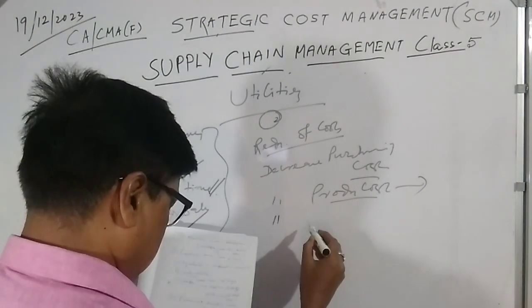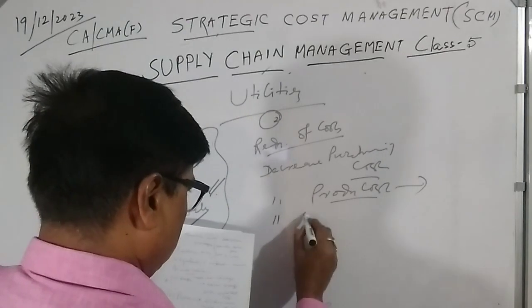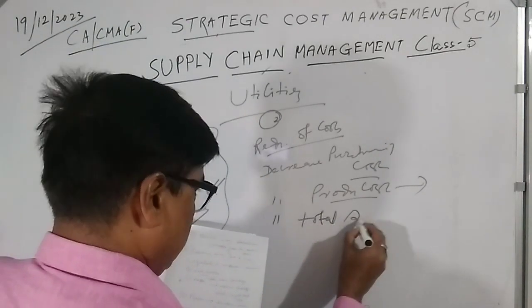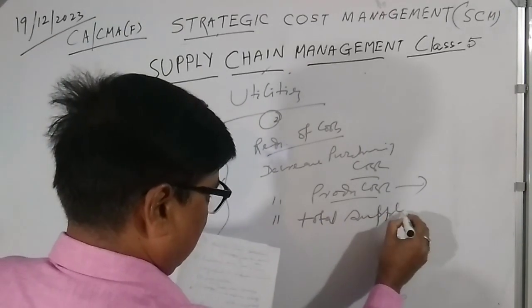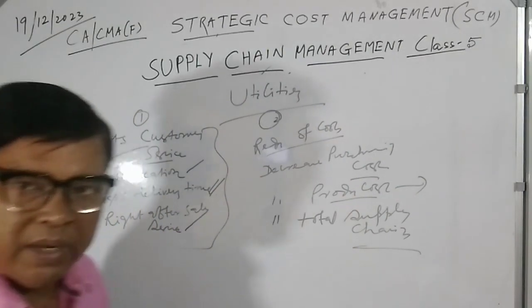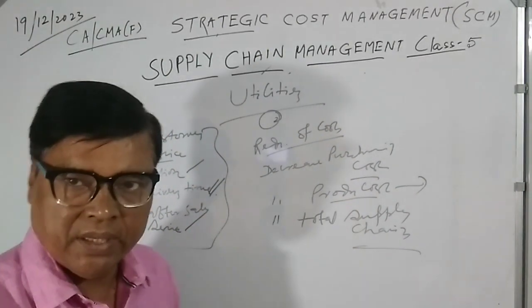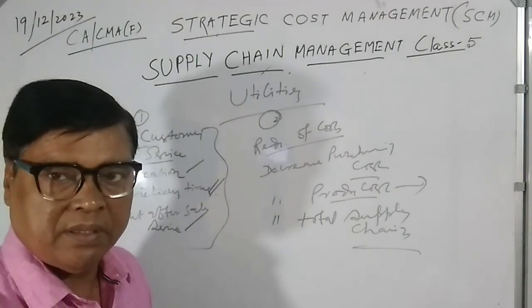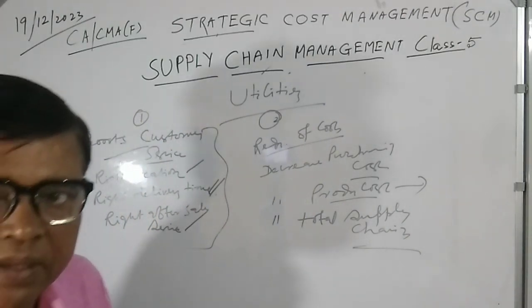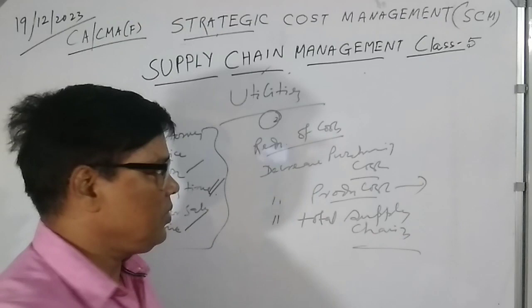Number three, decrease total supply chain cost. Total supply chain means right from production to distribution, all wastages and inefficiencies, and how these chain reactions link purchase up with your sales.